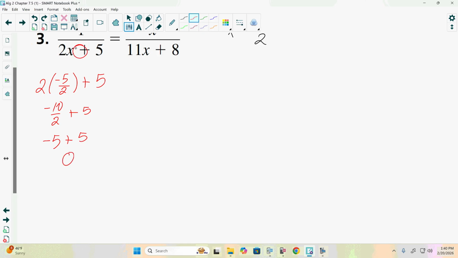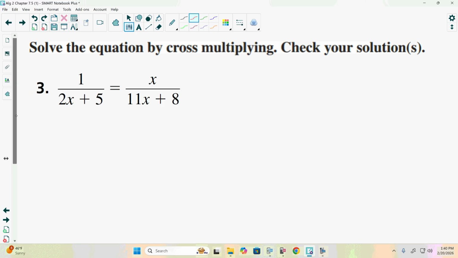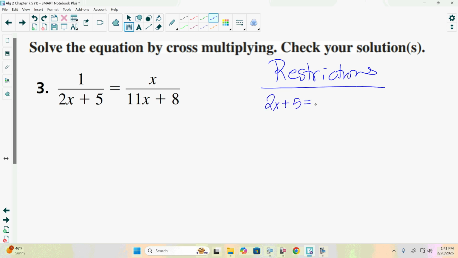So this denominator would be 0. I'm dividing by 0, no matter what the top is. So that tells me that's a restriction, because if this denominator, 2x plus 5, is 0, it would cause a division of 0. Same is true with 11x plus 8.